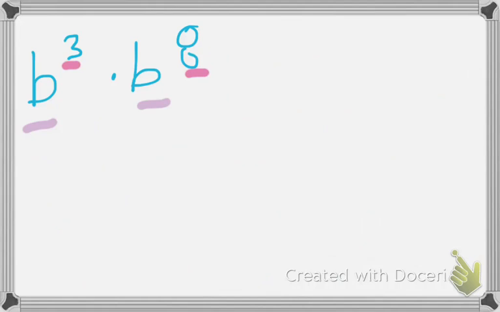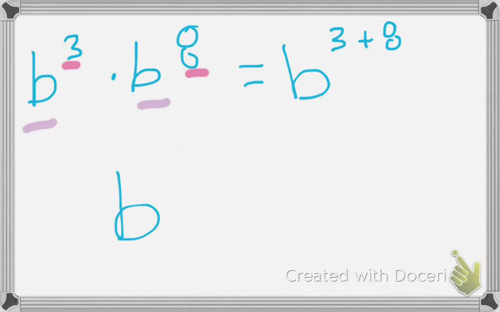So because the variables are the same in this problem, they will be carried over. And remember, the rule says if the variable is the same but the exponents are different, you will add your exponents. So you will add 3 and the 8. And 3 plus 8 is 11. So your answer will be b to the power of 11.